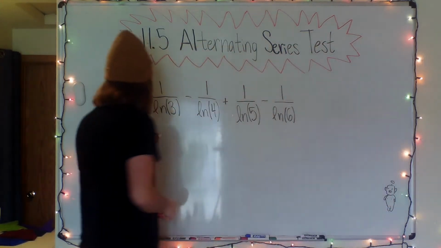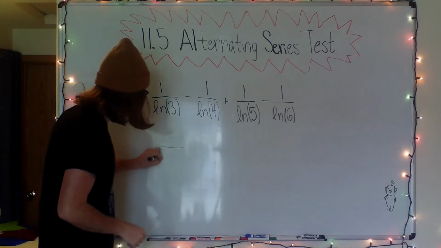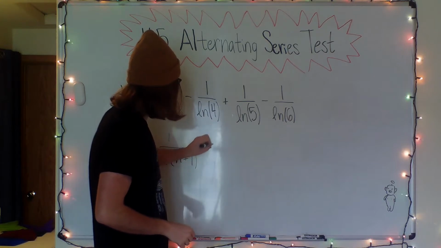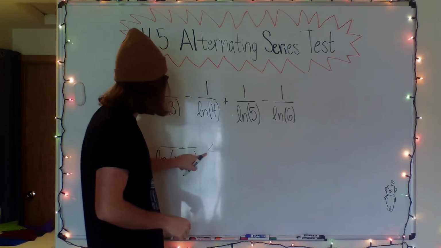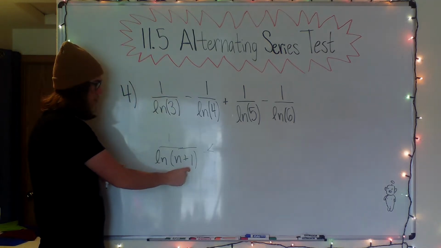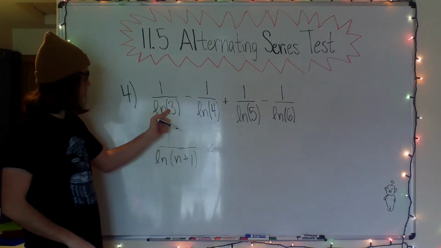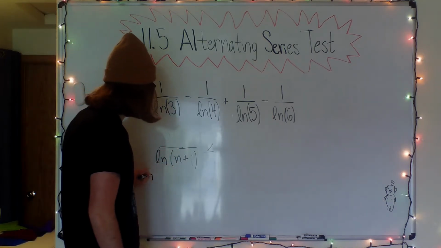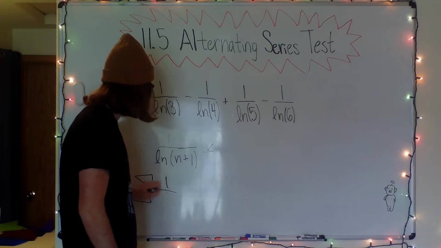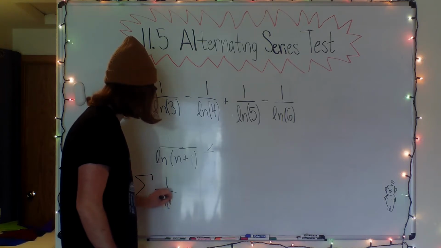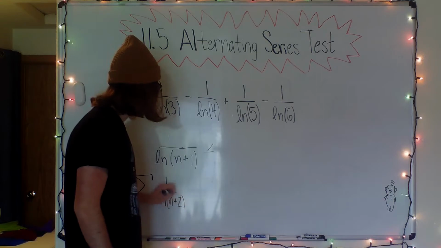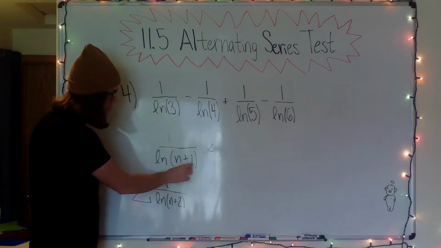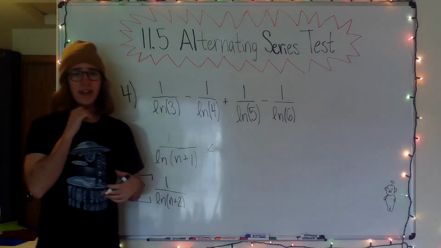We might say 1 over ln of n plus 1, but wait, this starts at 3 and n starts at 1. So it's not quite n plus 1; our series is going to be 1 over ln of n plus 2. Then we compare the n plus 1 term and the n term.